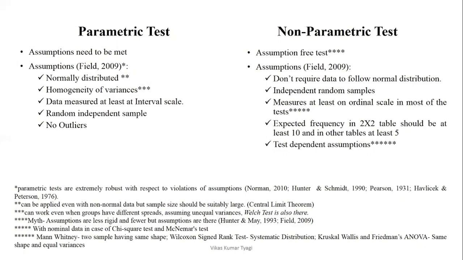Non-parametric tests are assumption-free tests. And some of the assumptions, according to Field 2009, don't require data to follow a normal distribution. So normally distributed or not, if it follows a normal curve or not, it may be used. There should be independent random samples.